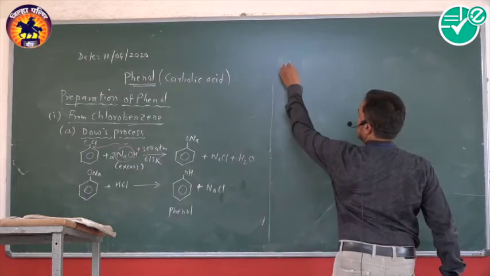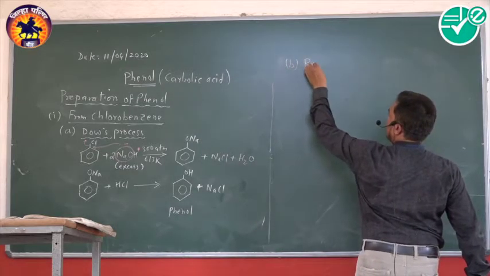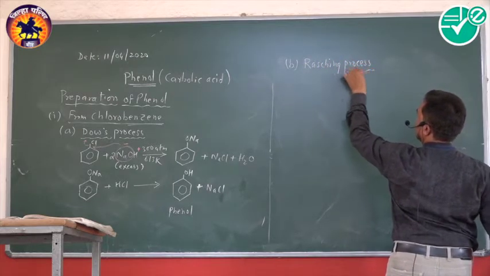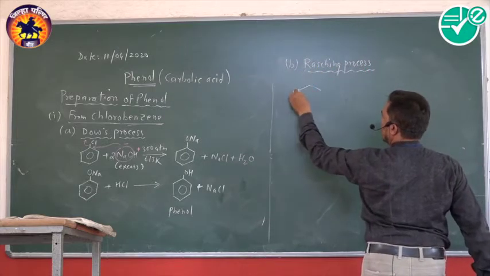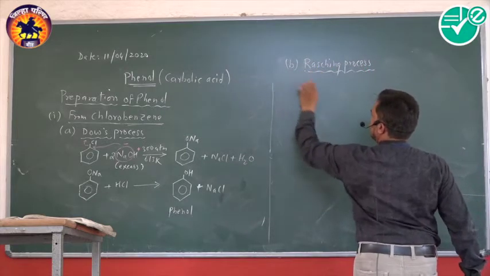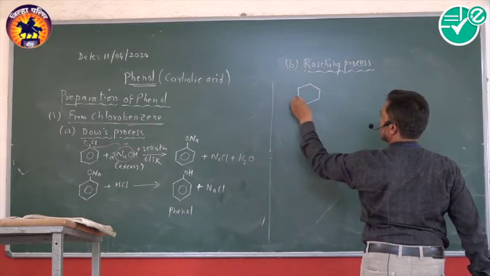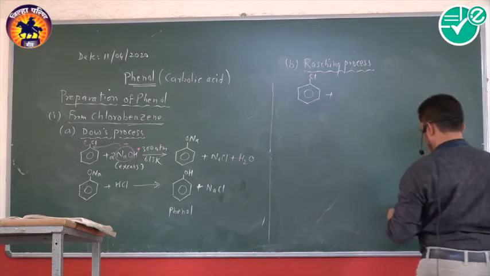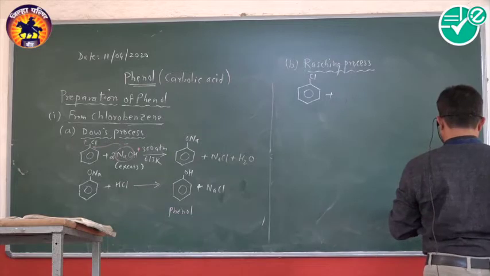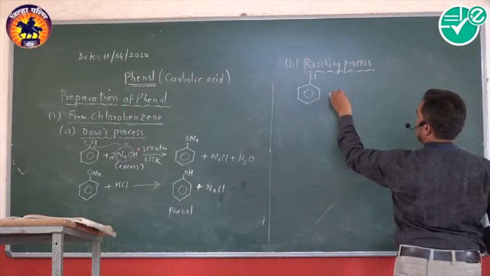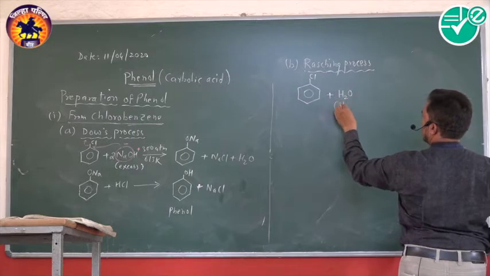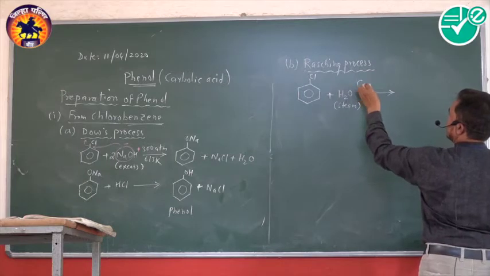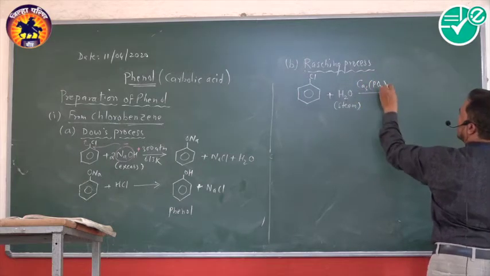In chlorobenzene, the second method is the Raschig process. Here the chlorobenzene is treated with steam of water, that is the vapor of water, in the presence of a catalyst, that is calcium phosphate.